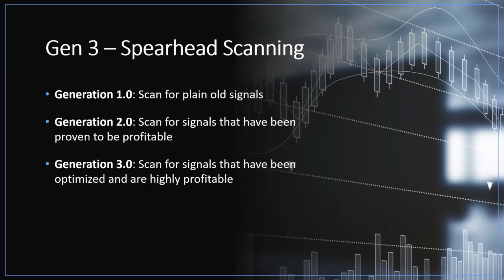So it's a combination of these two things. We have optimized the parameters for the symbol, and we've picked the best symbol to trade on. This is what we call generation 3 spearhead scanning. And this is really a tool which will allow you to put all the odds in your favor. And how this works in live trading, on live charting, will be shown to you now by Nicolas.